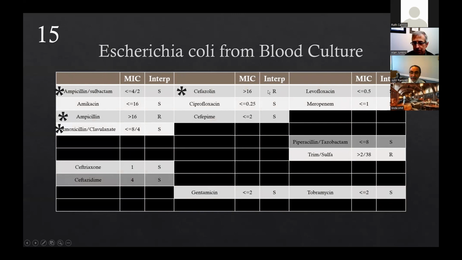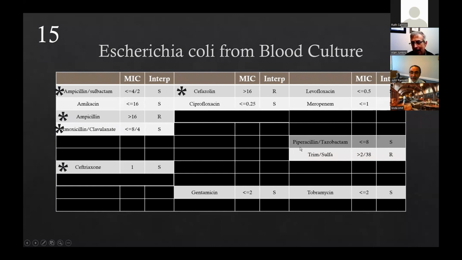But unfortunately, that's resistant. So now I'm going to let you have ceftriaxone. Okay. The ceftriaxone is susceptible. So I'm not going to give you ceftazidime. I'm not going to give you cefepime, and I'm not going to give you piperacillin-tazobactam. We're going to take all those off the list. So among the beta-lactams here, ceftriaxone is the one we're kind of pushing you towards.